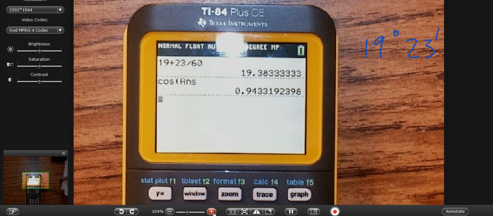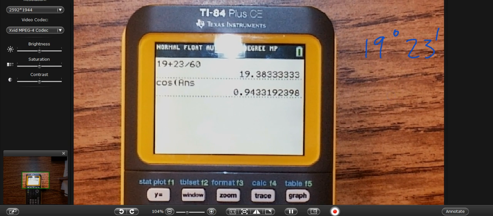That's what I would do. And yes, you can round it off to like 0.943. You just got to convert it to degrees first before you can use the cosine feature.